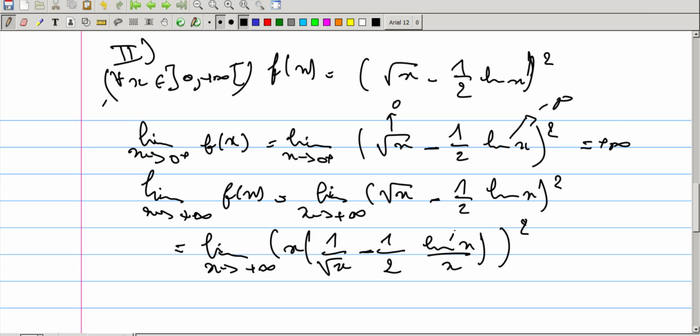So this goes to 0, this also goes to 0, and this, where is the problem? We will still have an indeterminate form, so in this case we are going to use another method.